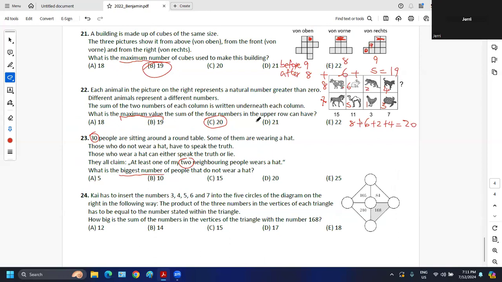So now, we can draw a circle. 1, 2, 3, 4, 5, 6, 7, 8, 9, 10, 11, 12, 13, 14, 15, 16, 17, 18, 19, 20, 21, 22, 23, 24, 25, 26, 27, 28, 29, 30.